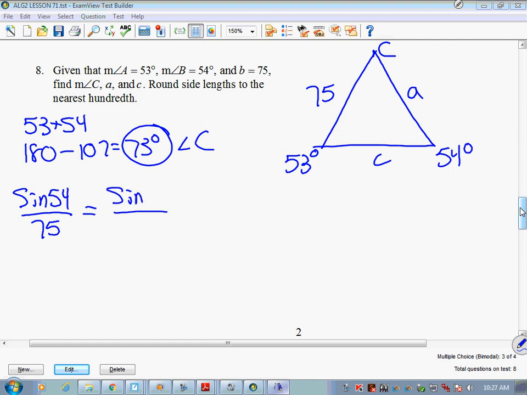Sine 53 over what? Over A. All right? So Corey, what are we going to write so that we can plug this in our calculator? Over sine 54. Okay?